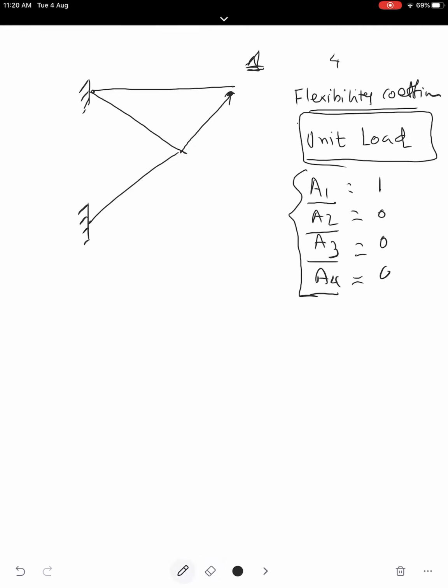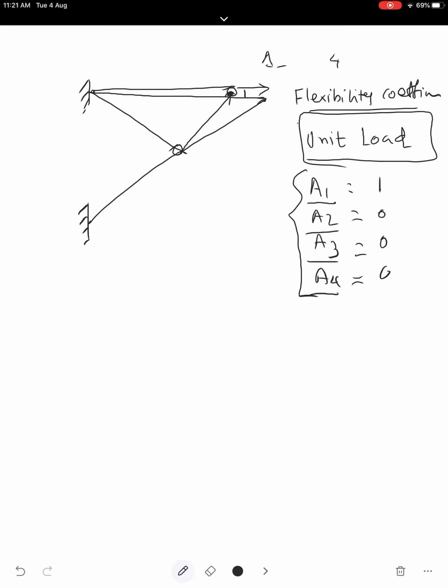Let me redraw so that it is more clear. I am applying unit load here. Now if you pull this joint, because the system of the truss is such that it may deform this way, something like this. It may have vertical as well as horizontal translation.